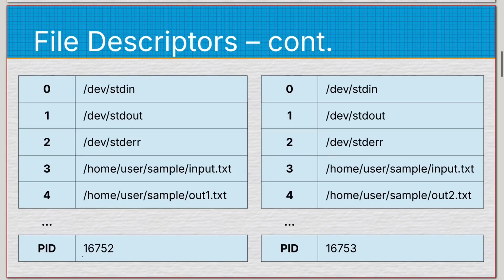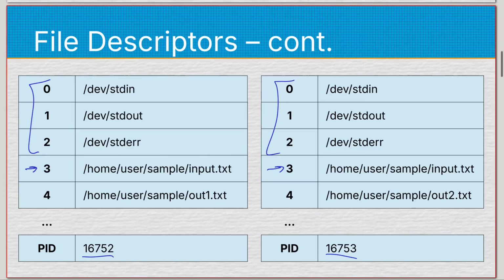I have one at PID 16,752, and then one incrementally after that, 16,753. In both tables, the first three are the same thing I just said: standard in, standard out, and standard error. That is how they would always start. Beyond that, these would be files I've opened, created, or am currently accessing for that particular process.